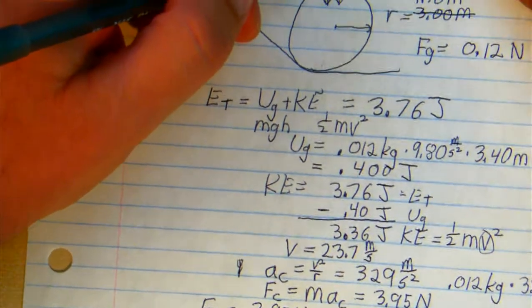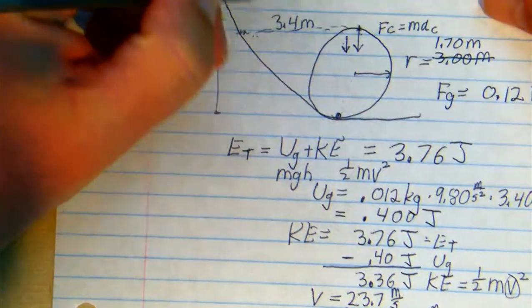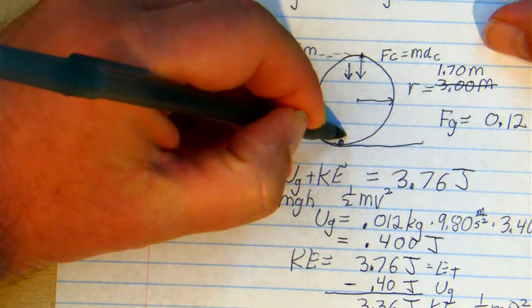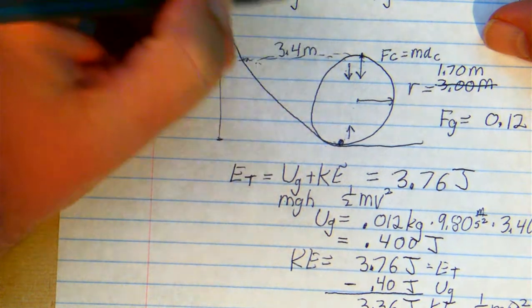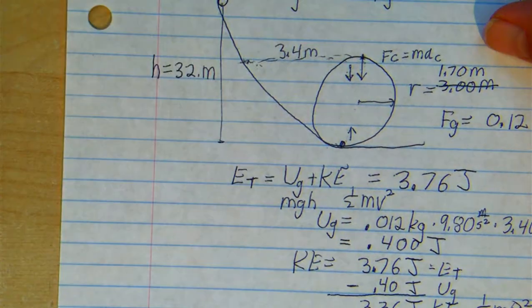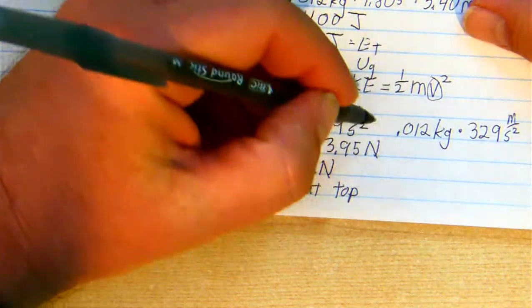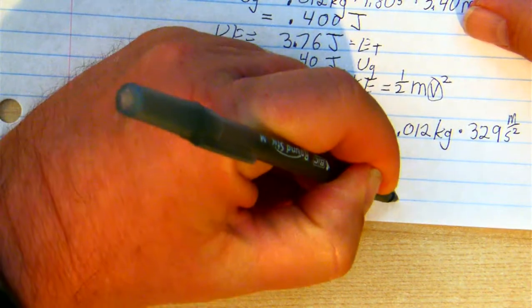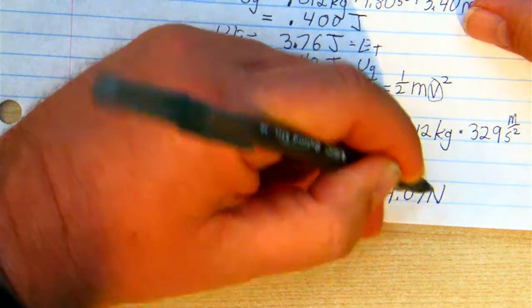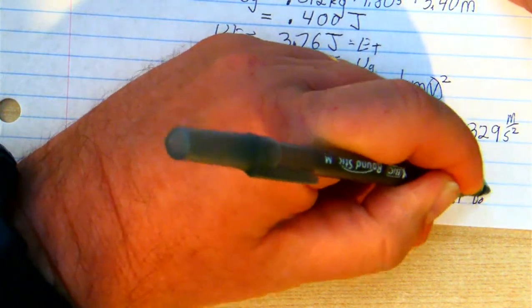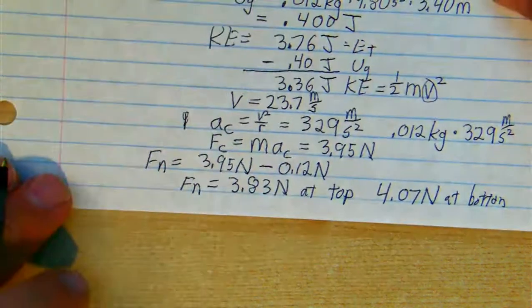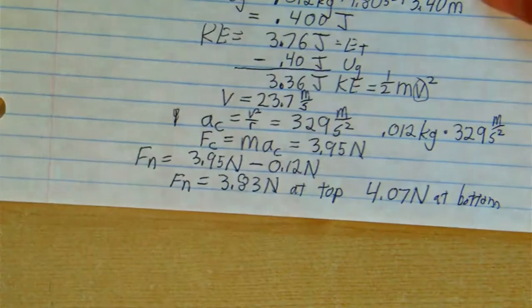I'm going to go over by a minute and tell you that at the bottom of the loop, you have to fight against gravity. And so you have to increase this up to 4.07 newtons of normal force at the bottom of the loop.